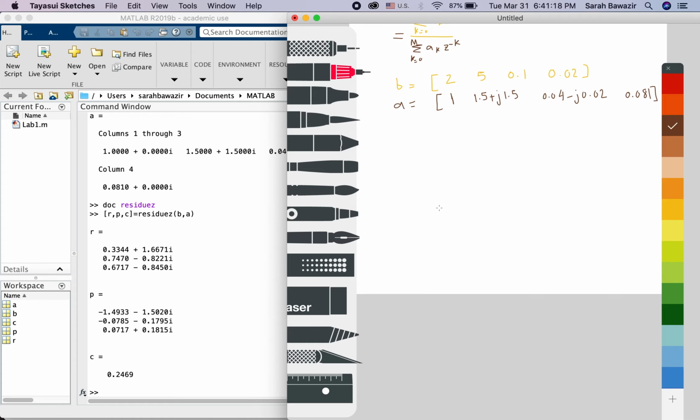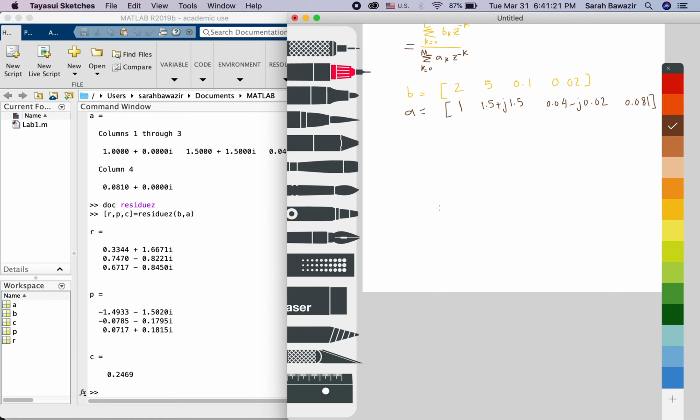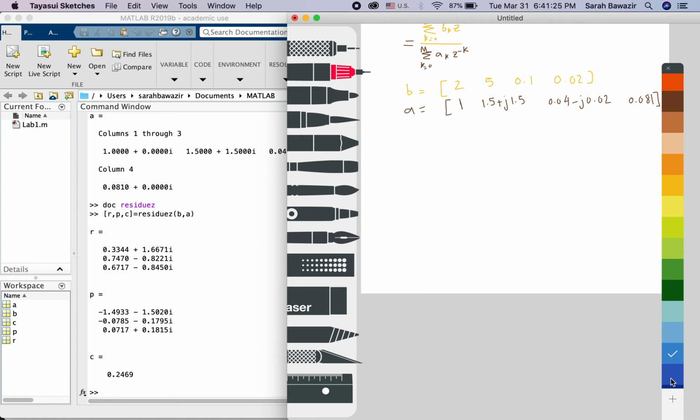Let's use it. Okay. So now this is the factored form.